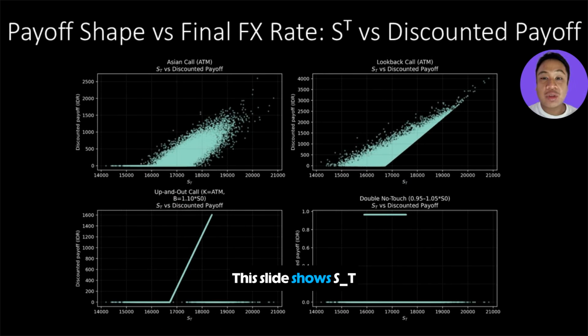This slide shows ST on the x-axis and the discounted payoff on the y-axis. It's basically the payoff diagram under Monte Carlo. For the Asian call, you still see an upward slope, but the line is blurred because it depends on the average, not just the final point. For the lookback call, the cloud extends much higher. Whenever the path spikes intraday, the payoff can be large even if ST comes back down.